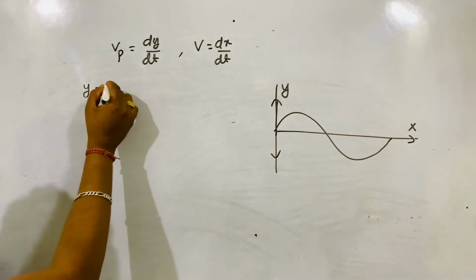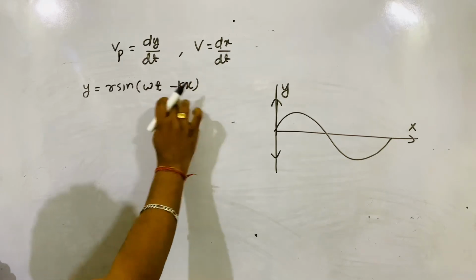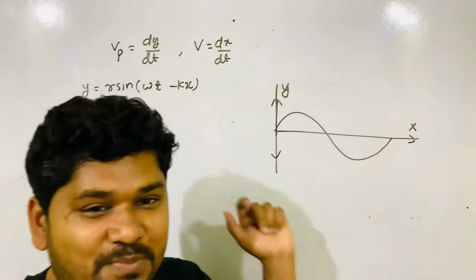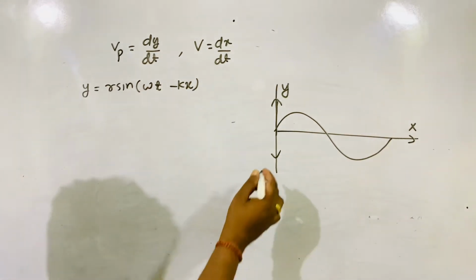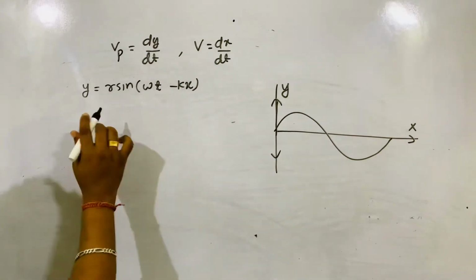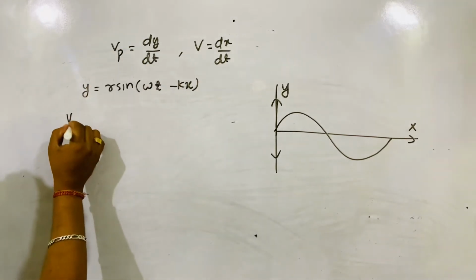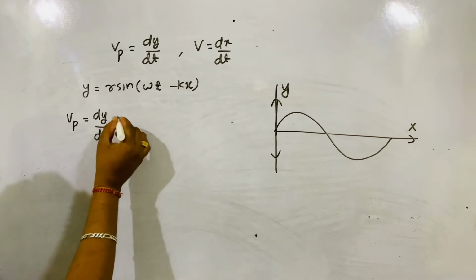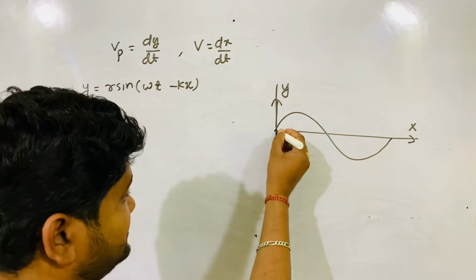So let's write the wave equation y equals r sine of omega t minus kx. This means I chose the wave propagating in the positive x-axis, and I have considered the initial phase of the particle at the origin as 0, for simplification. How can we get the particle velocity? You differentiate it. But for particle velocity we look at one particle, so we fix the particle.